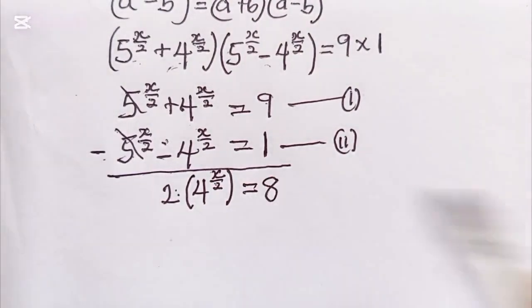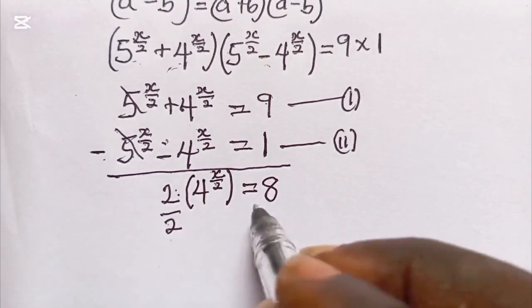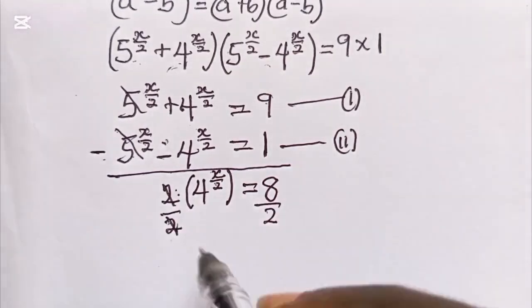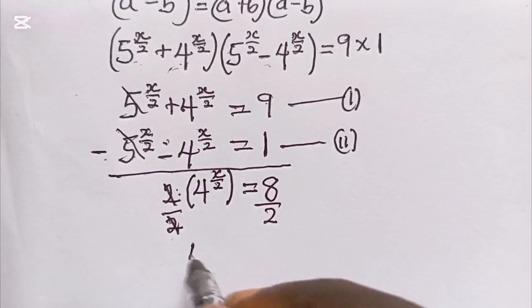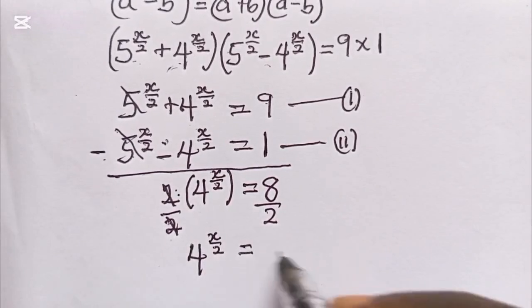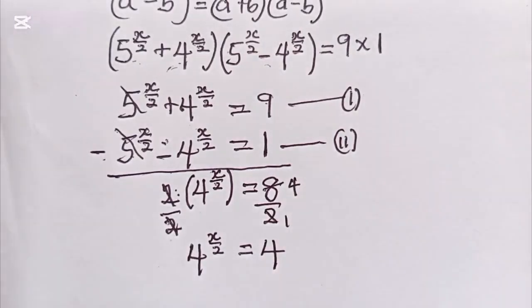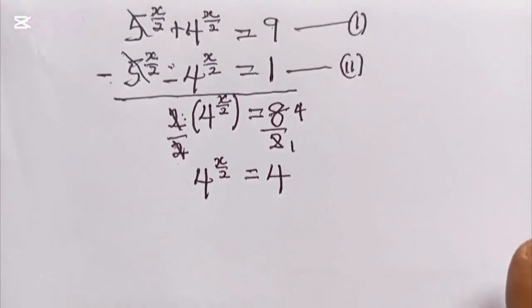That gives us 8. So we can divide both sides by 2. 2 will divide this. What do we have? We have 4 raised to the power of x divided by 2 to be equal to 4. 2 divided by 2 is 1, 8 divided by 2 is 4. Now, what do we do next?